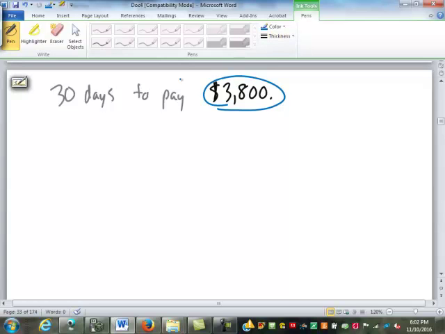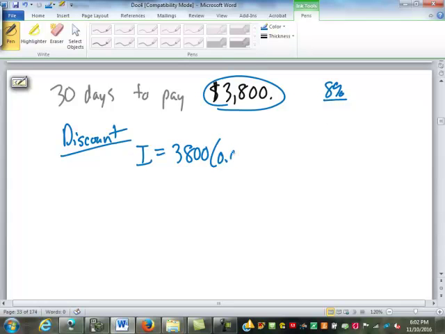So they're going to discount this, finding the discount of my interest. Let's say they're going to give it to me for an 8% charge. So it's going to be $3,800 times 0.08 times 30 days, so 30 over 360.